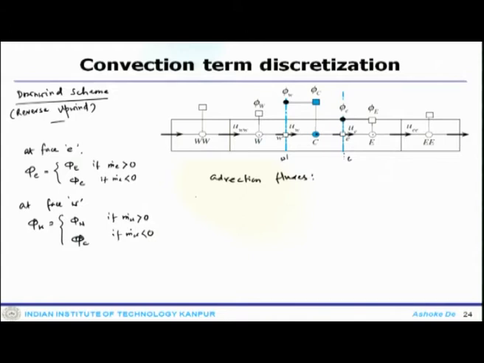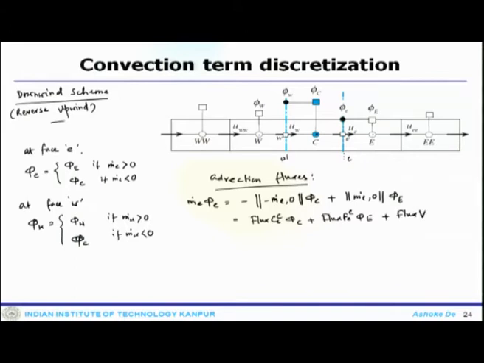At the east face, m dot E phi E is the maximum of minus m dot E and 0, times phi C, plus the maximum of m dot E and 0, times phi E. That gives back flux C E convection phi C plus flux F E convection phi E, plus flux V E for convection.